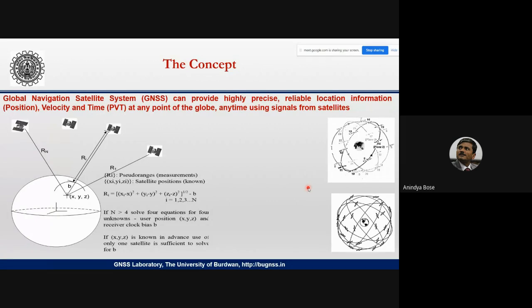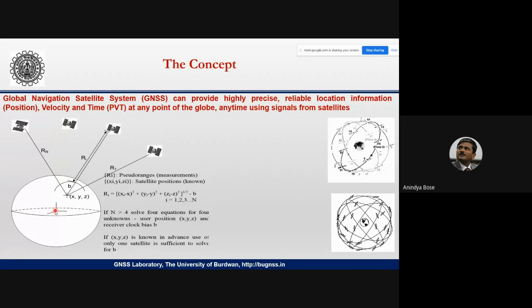Similarly, if I want to find out my location, what is x, y, z on the surface of the earth or very near to it. Why I'm saying very near to it, I will come to that later. Let my position coordinate be x, y, z with respect to the center of the earth, very basic trigonometry.